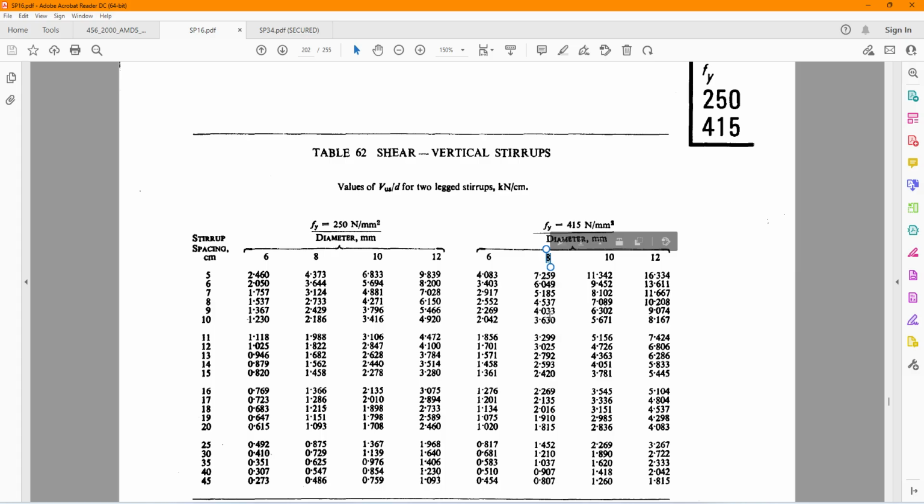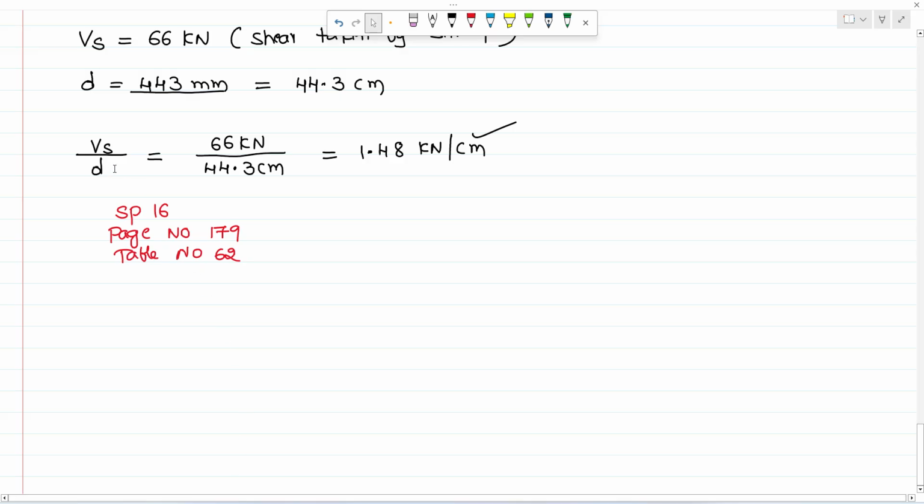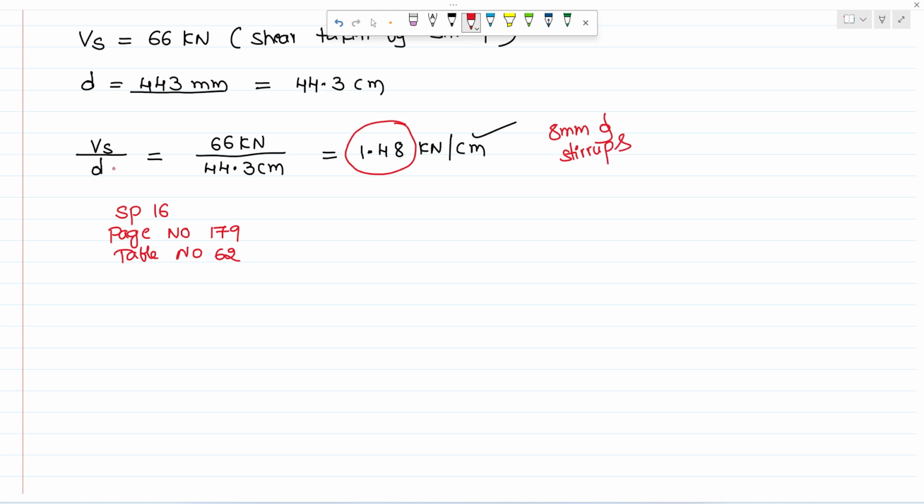You are using 8 mm dia stirrups. So your Vs by d value is 1.48, with 8 mm dia stirrup, and your Fy will be 415 Newton per millimeter square for shear reinforcement.